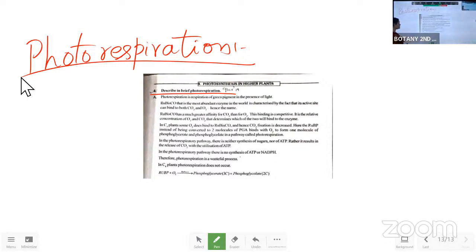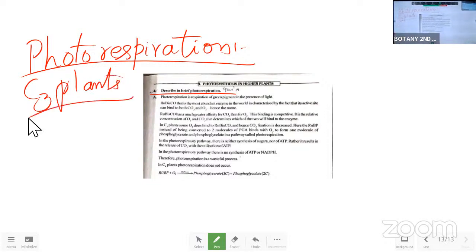This photorespiration is commonly seen in C3 plants. These C3 plants will have only the C3 cycle in them, that means a larger amount of carbon dioxide is needed for them.